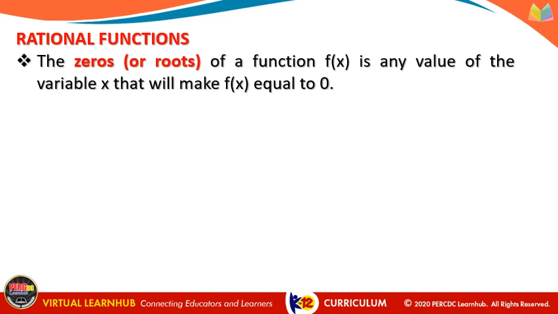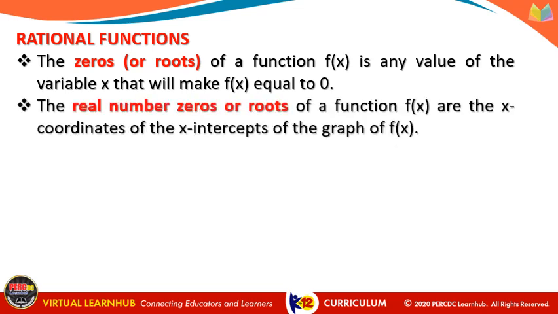Now, paano naman kunin ang zero ng isang rational function? Actually, wala namang masyadong difference. Mayroon tayong second definition, and ito yan. Now, aside from the zero or root of a function is any value of x that will make f of x equal to 0, isa pang pwede nating ibigay na definition is ito.